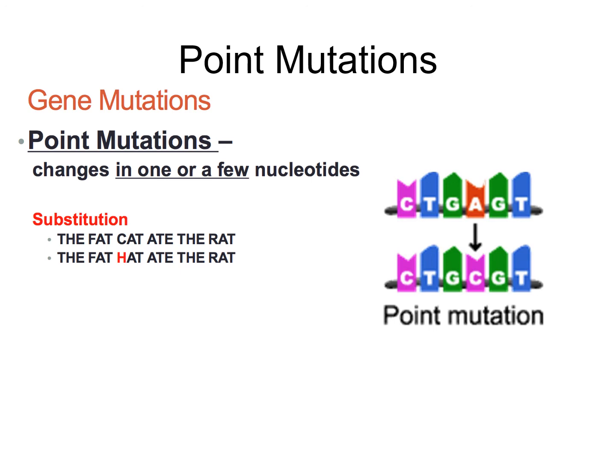So my gene is supposed to say the fat cat ate the rat. So remember, those are triplets. So 1, 2, 3, 4, 5, 6 triplets. So it's basically telling me I need 6 ingredients. But notice one letter changed. That's what's called a point mutation. So now the sentence reads, the fat hat ate the rat. Well, that sentence doesn't make sense.